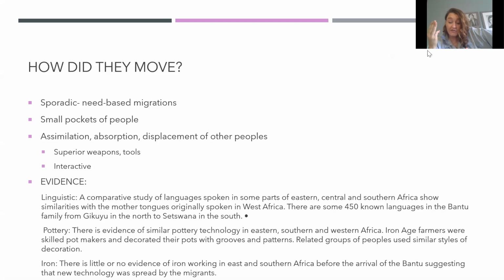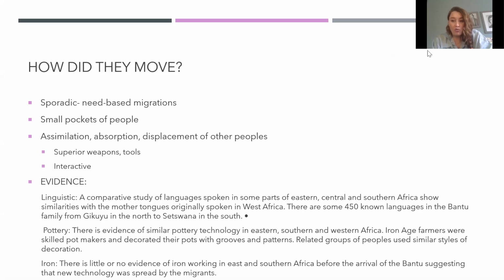They have the ability to forge iron, which is the earliest ability to forge iron in sub-Saharan Africa. And they end up interacting with and intermarrying with all of the places they come into contact with. So they leave a trace behind. The places that they go to become Bantu places, begin speaking Bantu languages.